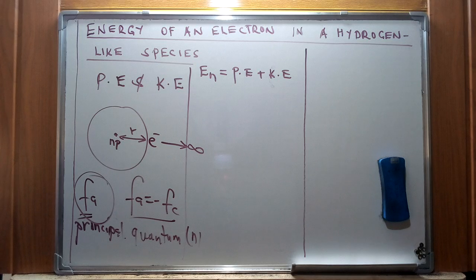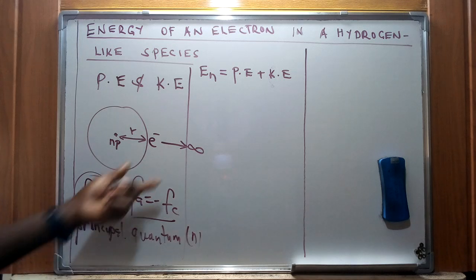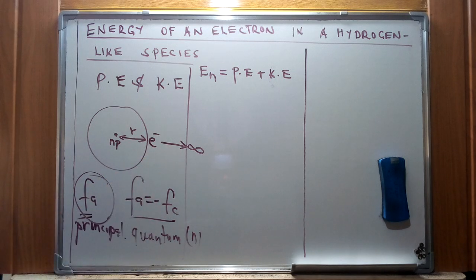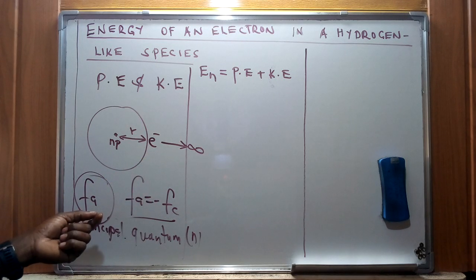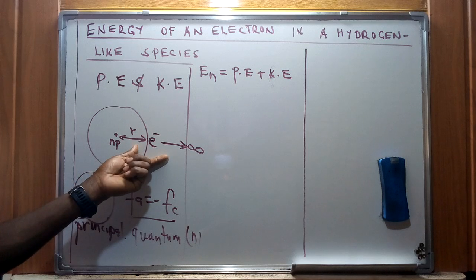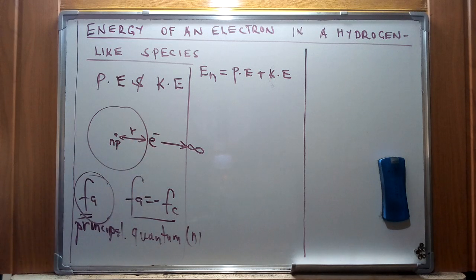So we are going to look at this system by describing those specific forces and the work necessary to remove this electron from its equilibrium position at radius r to infinity with respect to the nucleus.